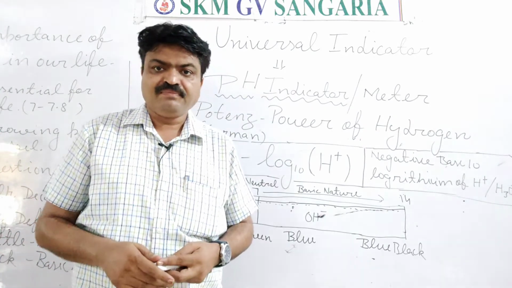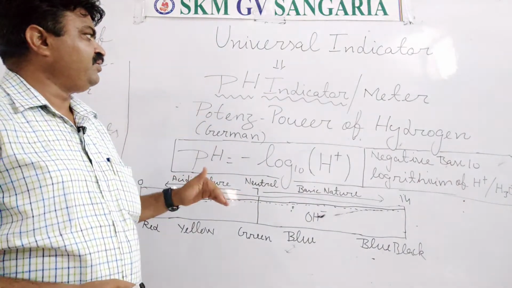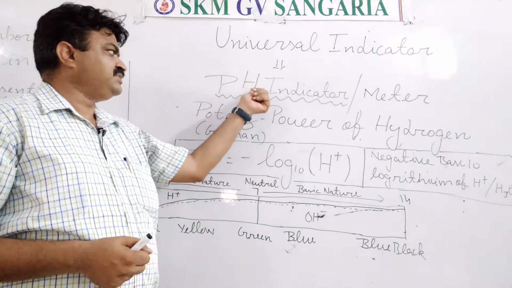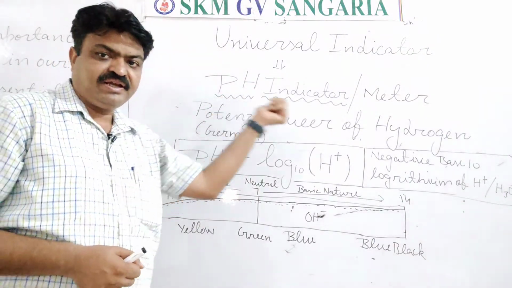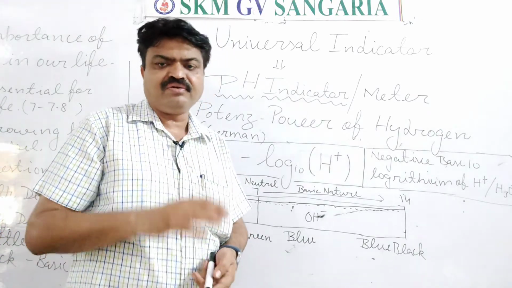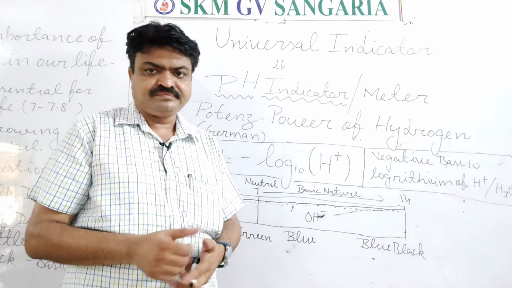Potenge means power. So in this, what can we know? We can know the power of hydrogen. So P for potenge, H for hydrogen, means the indicator from which we can know the power of hydrogen is known as pH indicator, student.